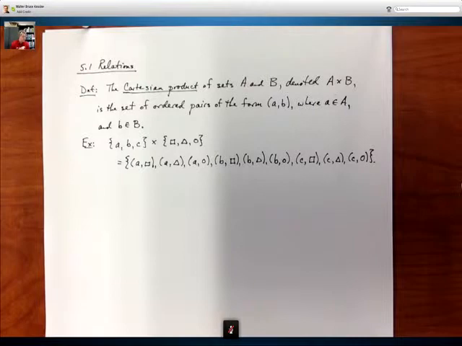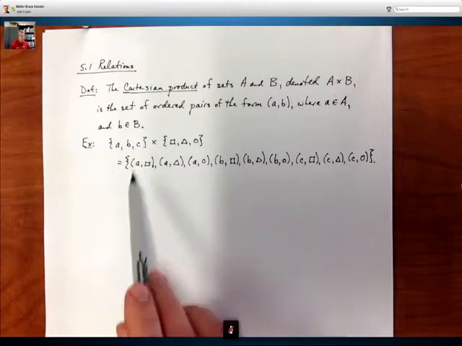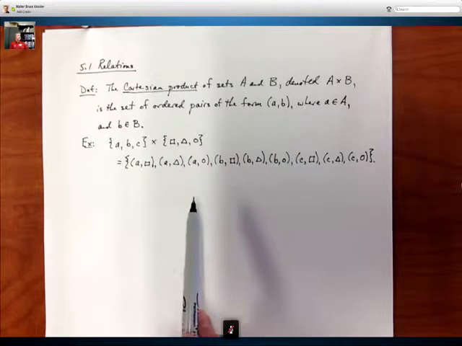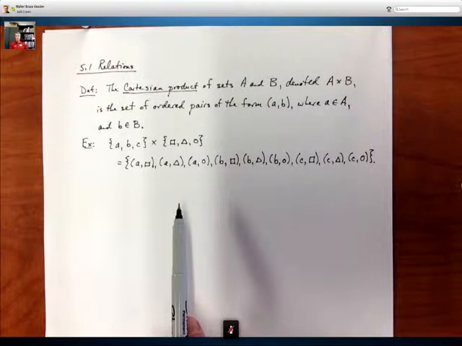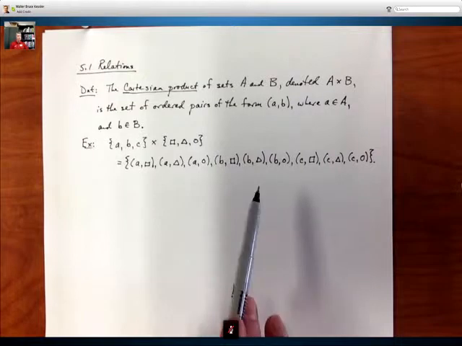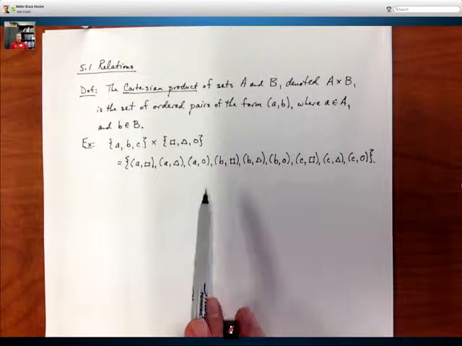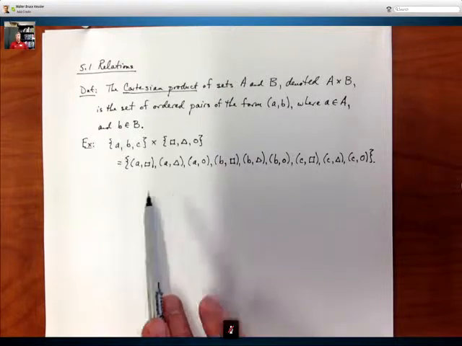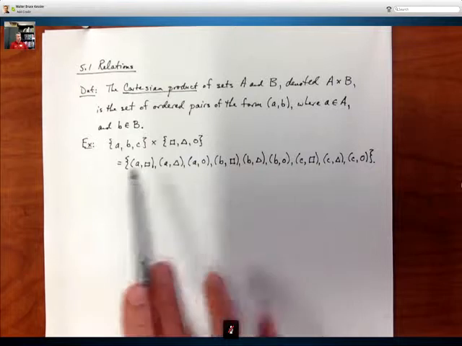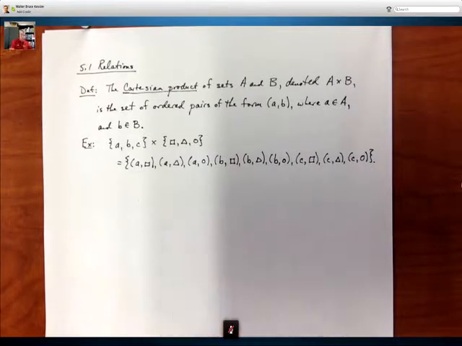Well, there's 9 things in there, 3 times 3 gave us 9 things. And then each one of them could be either in the subset or out of the subset. So for each one, 2 choices. So you end up with 2 to the 9 different possible relations, or different subsets, or relations between those two sets.